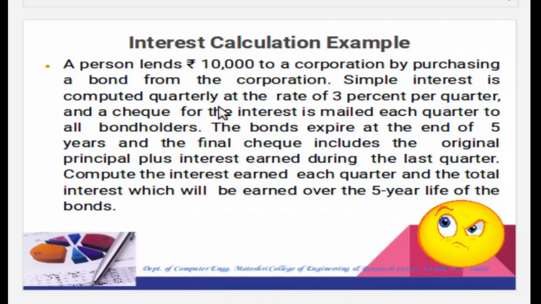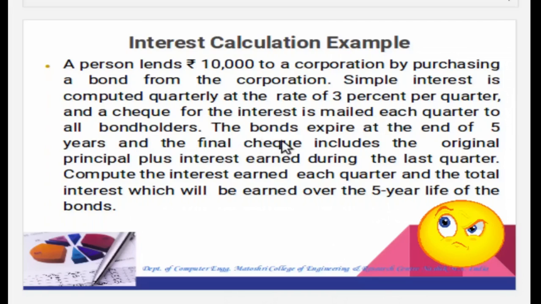Now if you carefully read this problem statement, a person lends 10,000 rupees to a corporation by purchasing a bond from the corporation. Simple interest is computed quarterly at the rate of 3% per quarter, and a check for the interest is mailed each quarter to all the bondholders.